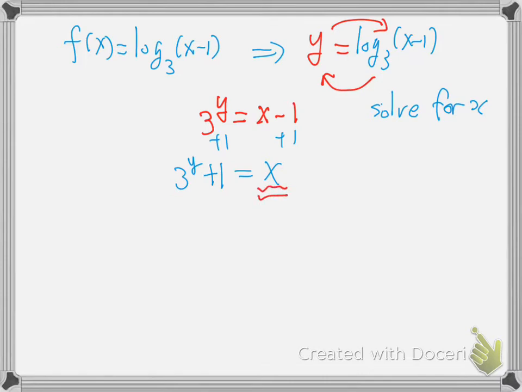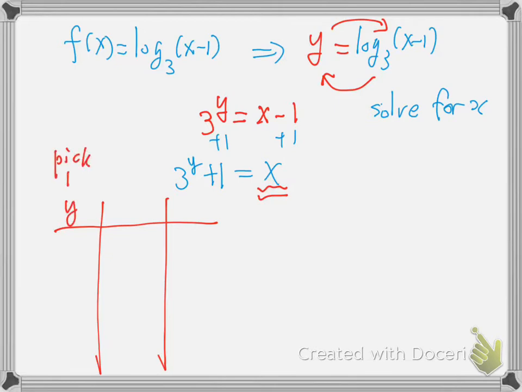And then we pick values for y, get corresponding x. So for the log function, we pick y. So y is our 5 numbers, 2, 1, 0, -1, -2. So what's x? x is 3 to the y's power plus 1.